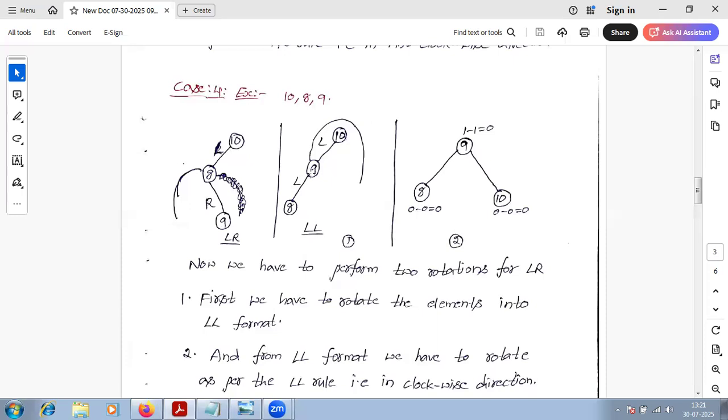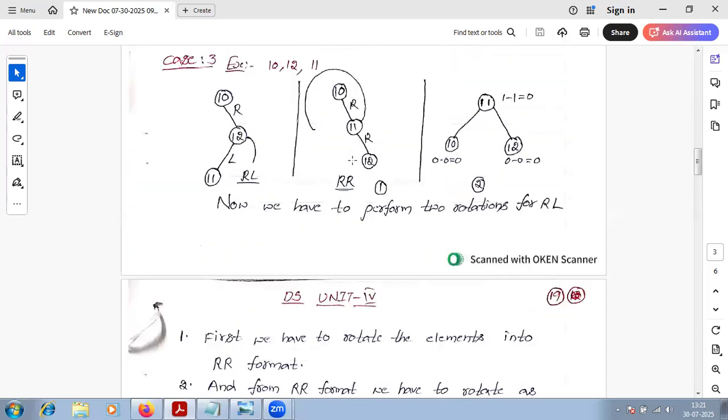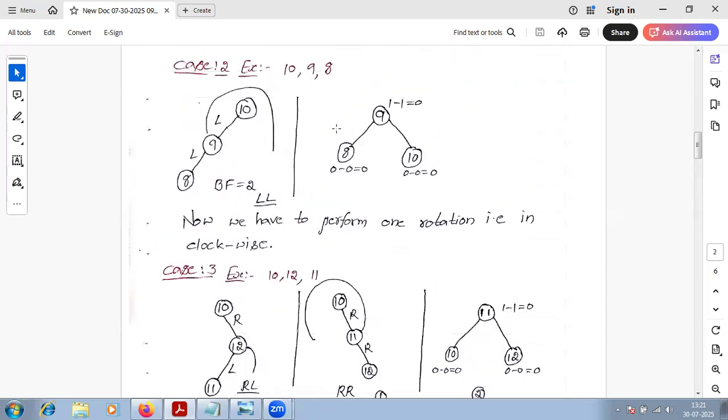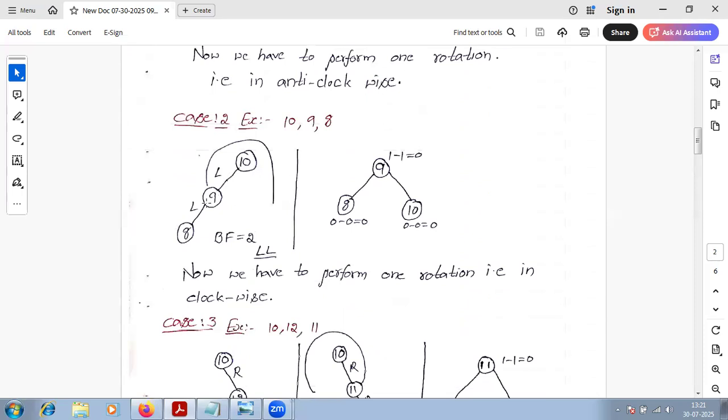Now, after making the rotation, make sure that it is following the binary search tree rule or not. It is very important. 10 is the root element, 9 less than root element, 8 less than 9. Now it is a binary search tree, no problem is there. Now which format is it in? It is in the LL format. We already saw that if the problem occurred by placing the elements LL, the rotation is clockwise rotation.